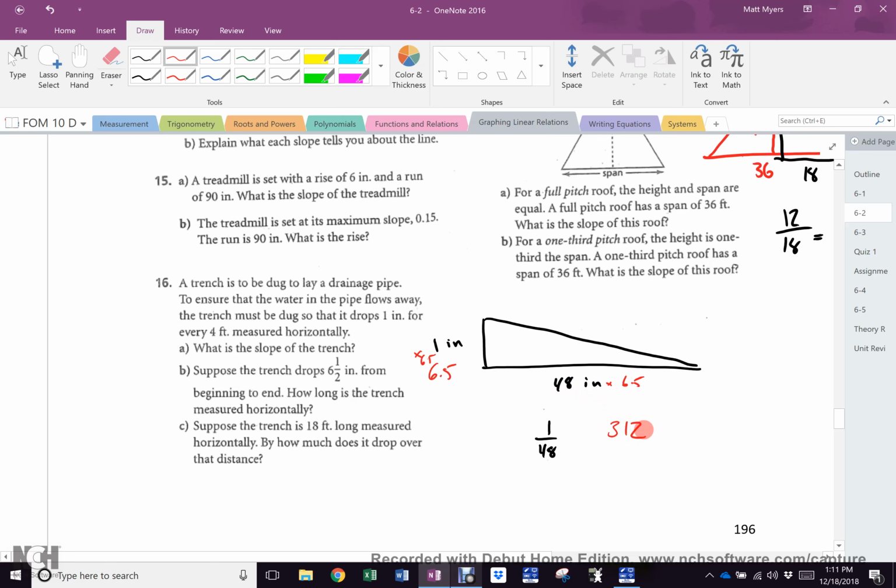And C, suppose the trench is 18 feet. Well, I know the trench used to be, I could go back to 4 feet here, couldn't I? 4 feet times 4.5 is 18, correct? So this has to multiply by what? 4.5 to get to what? 4.5 inches.